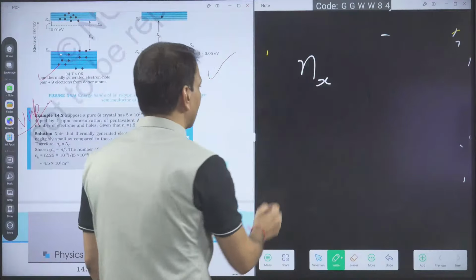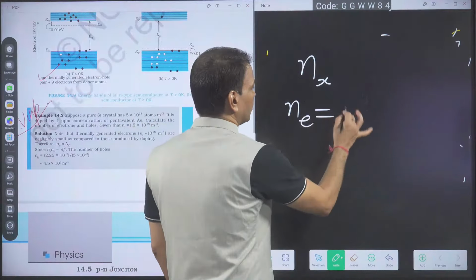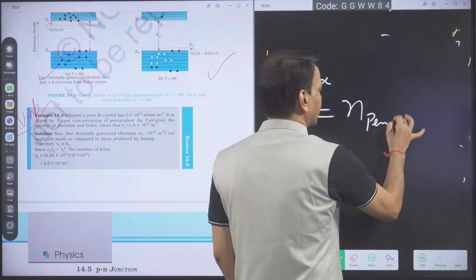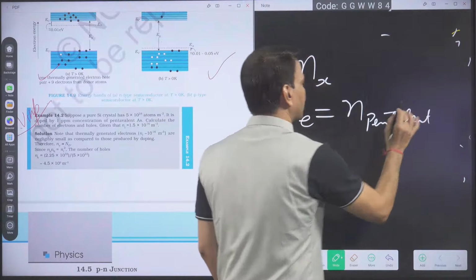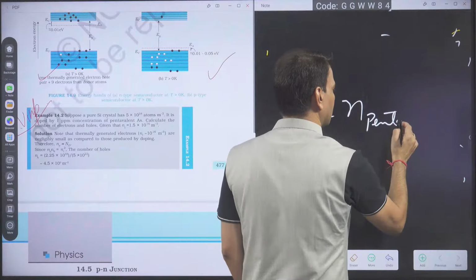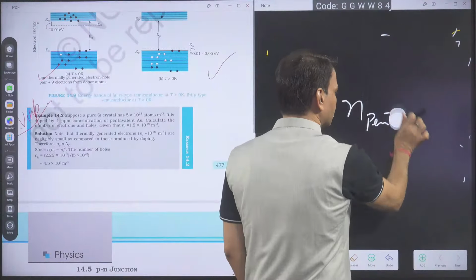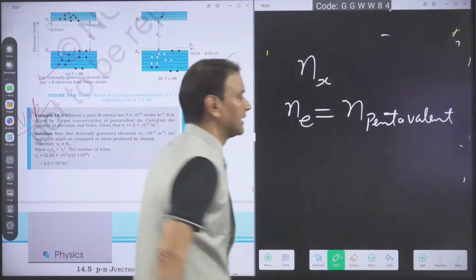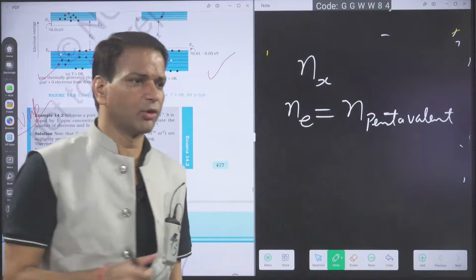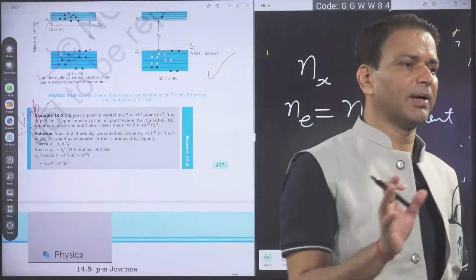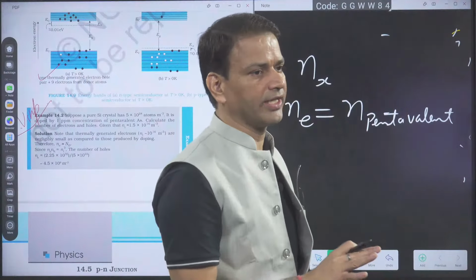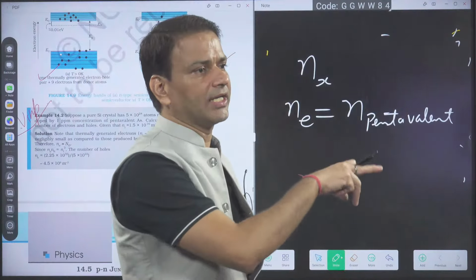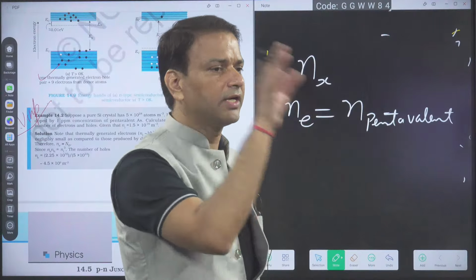So directly we can get the electron density: Ne is equal to the number of pentavalent atoms added. How many pentavalent atoms you are adding, that will be the number of electrons. So one we directly get from the number of impurity atoms. If I am adding trivalent atoms, directly I will say Nh is equal to the number of trivalent atoms added.